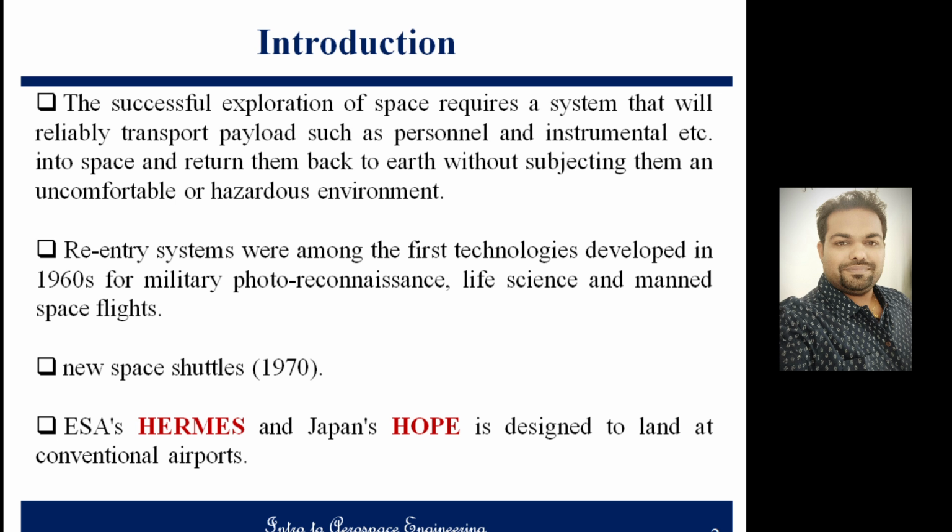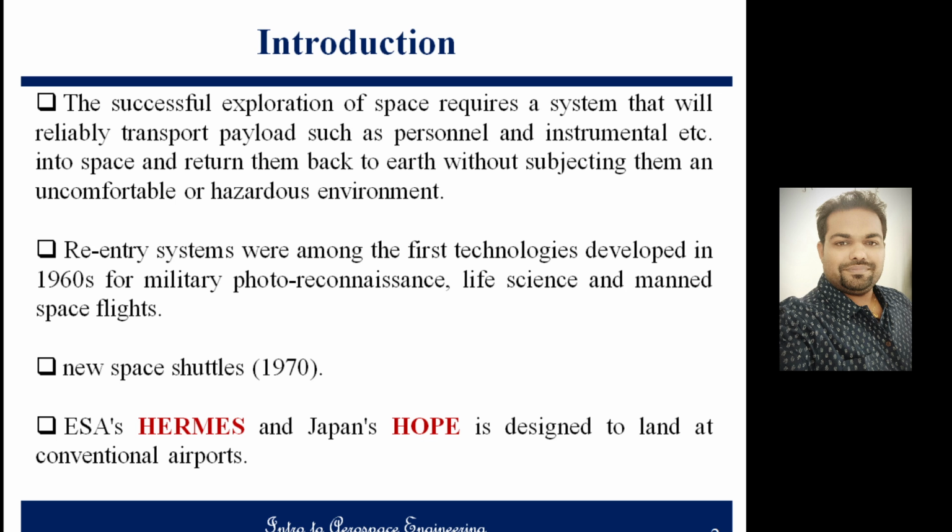Today, space technology has developed to space planes, which are intended to go and come back regularly between Earth and space stations. For example, the European Space Agency's Hermes and Japan's HOPE are spacecraft designed to land like a conventional aircraft on an airport.